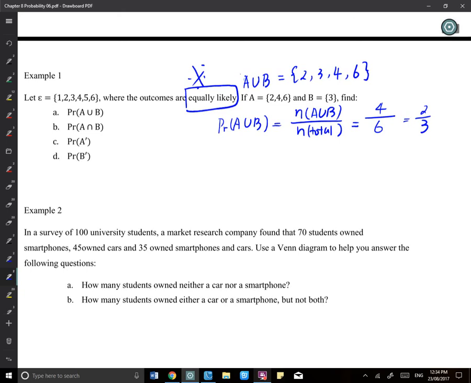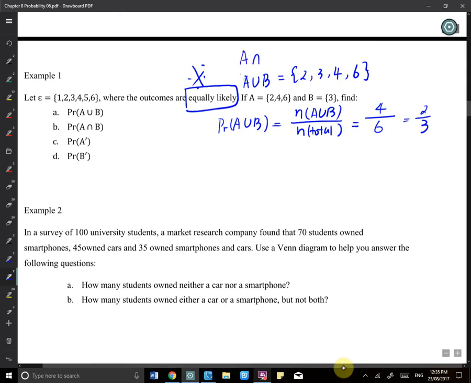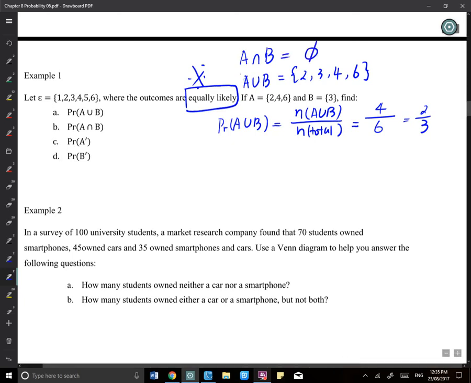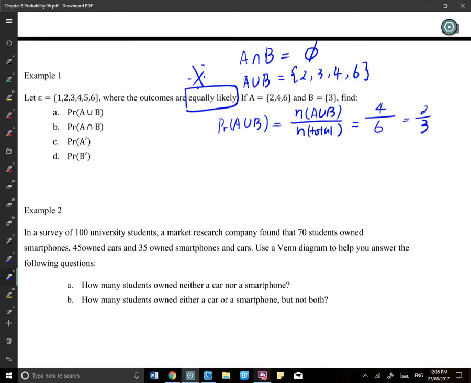For the intersection, what is A intersects B? It's not 0, it's nothing. It's the empty set. The number of elements in that set is 0. This means that A and B are mutually exclusive events.